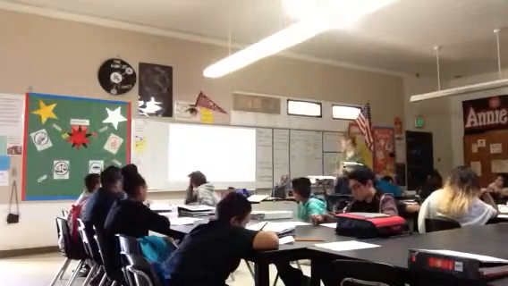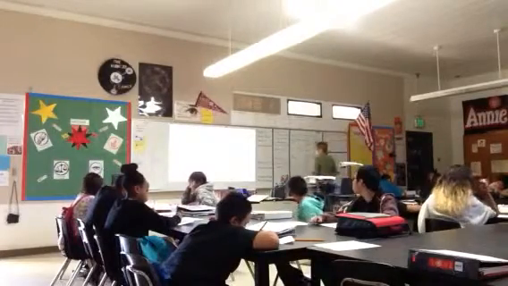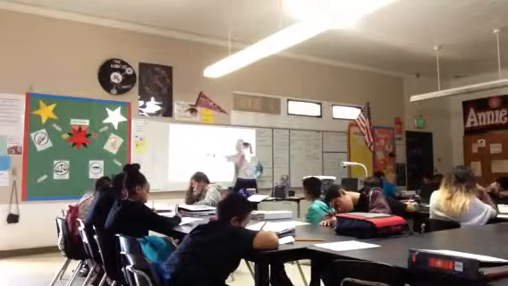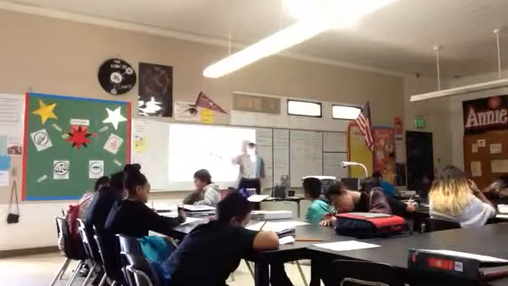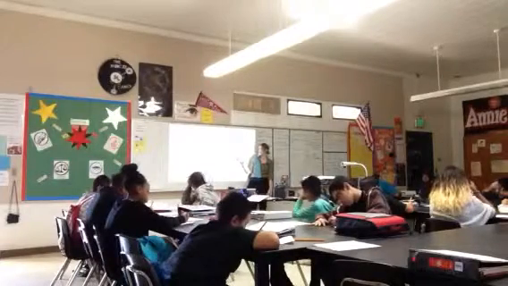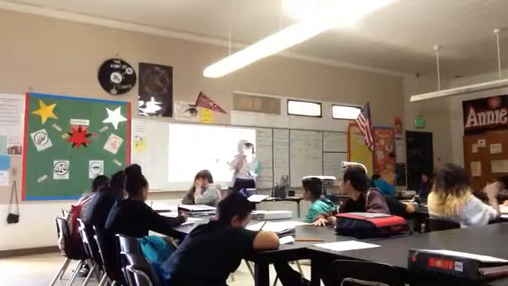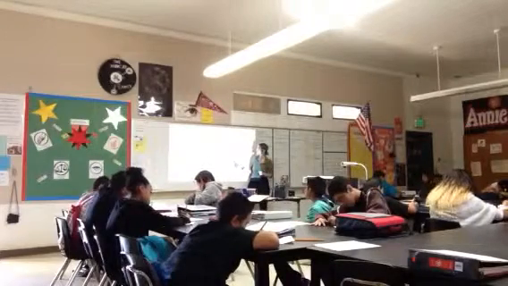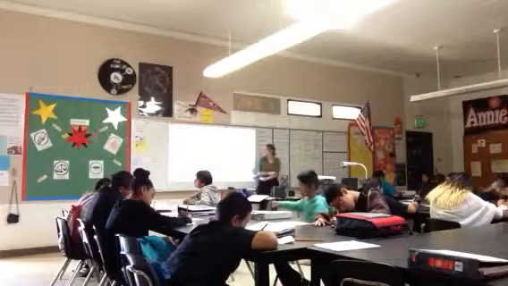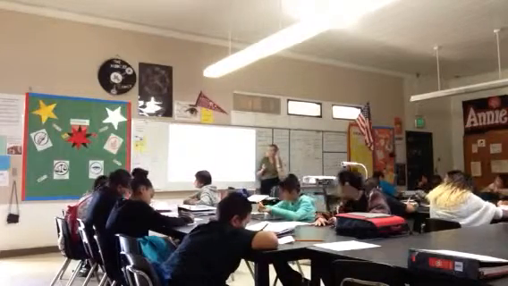Okay, for a complex sentence, you're going to have a dependent clause plus a comma and an independent clause to make a complex sentence. So a complex sentence is a dependent clause joined with an independent clause using a comma. Make sure you write that definition down.